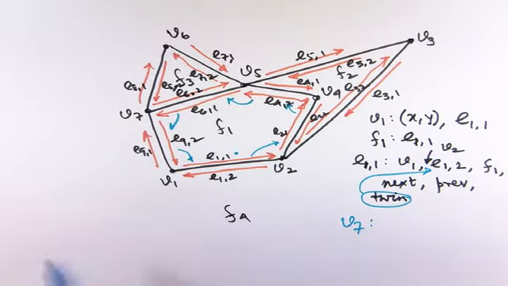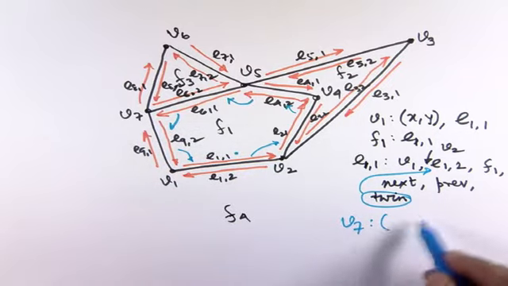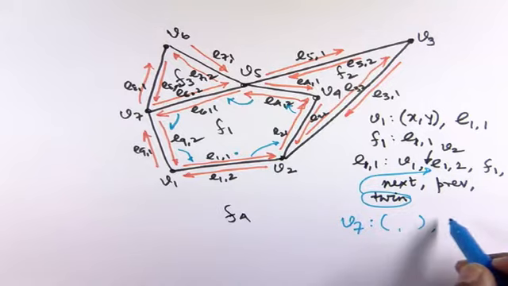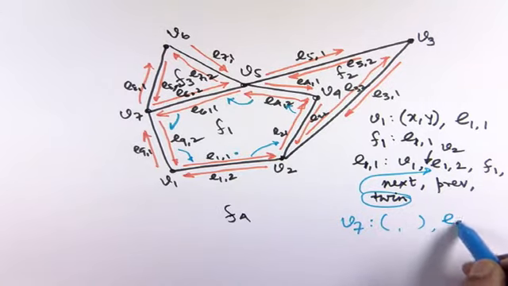What does V7 need? It has some coordinates, which is immaterial right now, and it has one edge that originates from here, say E92. How do you find all the edges that meet at this point?